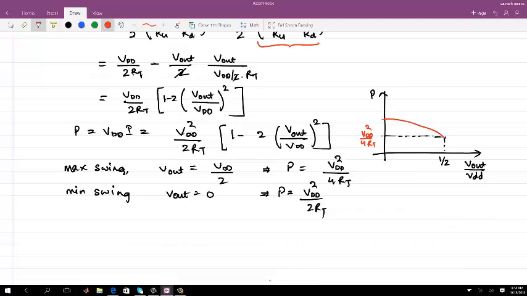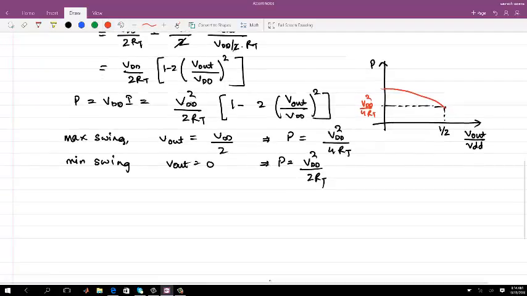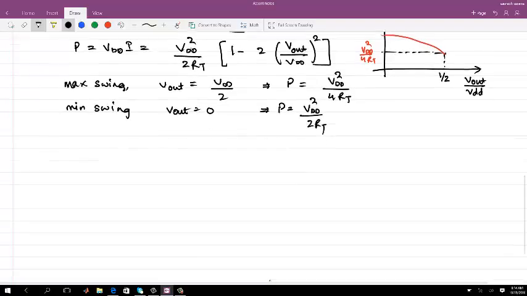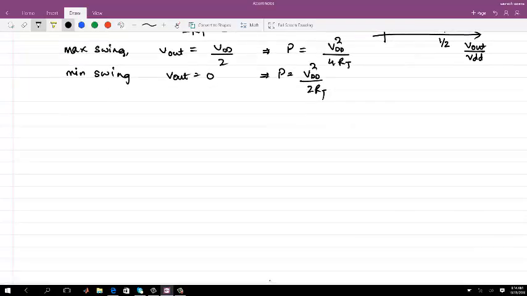And this value is just 2 times the power consumption. So you see, as the swing is going lower, you are spending more power in the output driver.